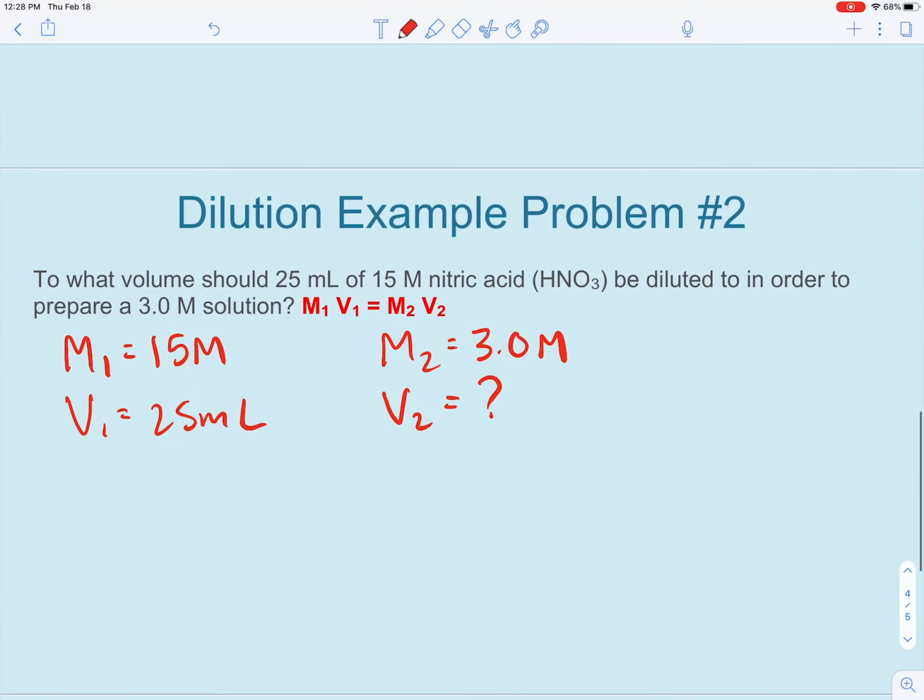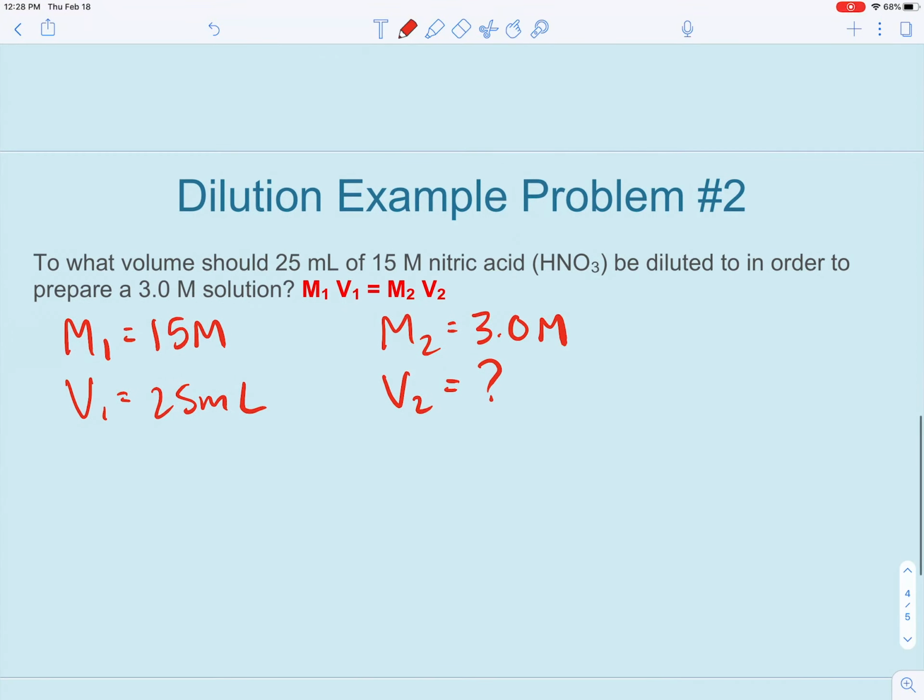Very similar to the last problem, we're just going to plug those numbers into our equation here. M1 is 15M times 25 equals 3M times V2.